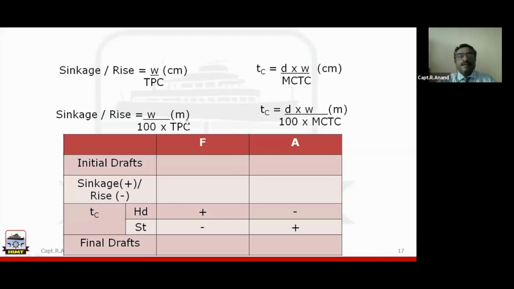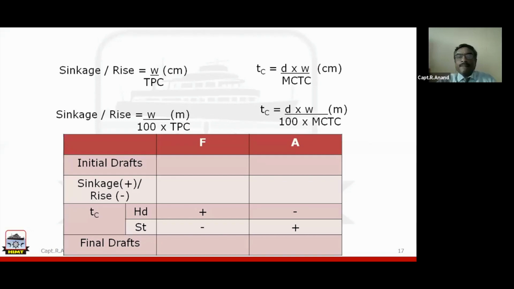So once I get this, I've worked out two different things. One is bodily sinkage, the other one is the trim change. So once I know the trim change, after that I'll be getting the trim change forward and aft. Remember, it's the same formula which we did for hydrostatic draft. Trim change aft will be trim change into LCF by LBP.